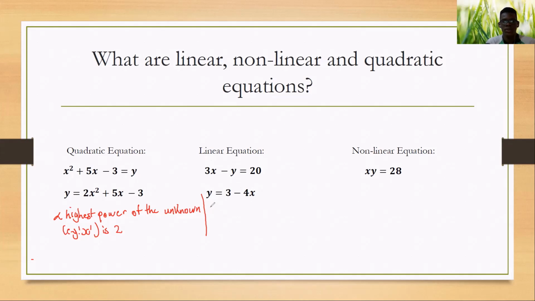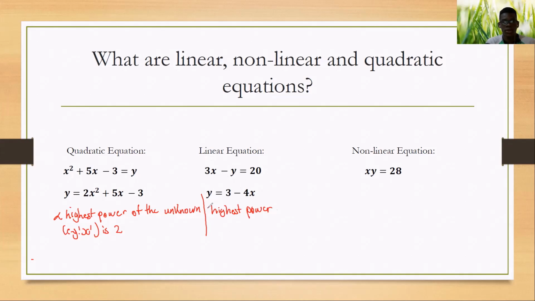Now with linear equations, the highest power of x is actually 1. Or if you want to put it simply, x has no power, right? None of your variables will have any power.